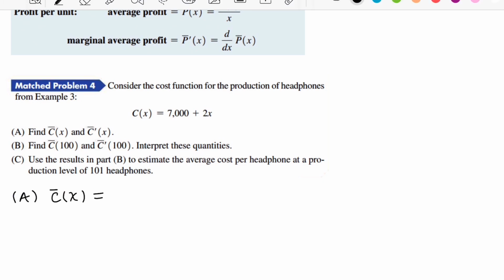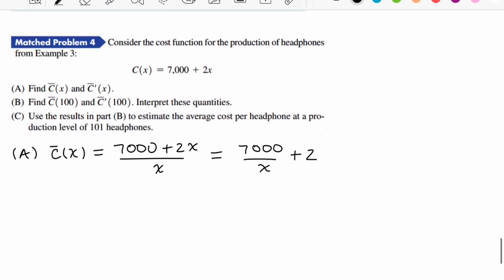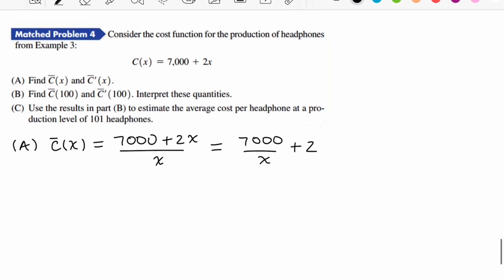So our average cost is just going to be our cost function divided by x. So you can leave it as that, or we can write it as, all right. Now we want to find our marginal average cost. So we're going to take the derivative of this guy up here.